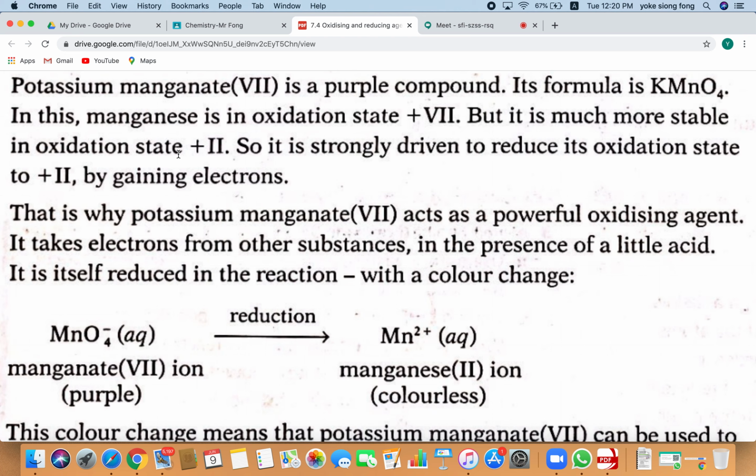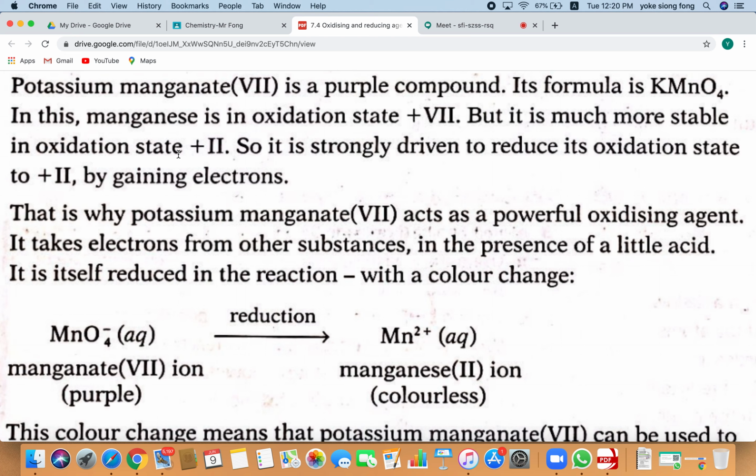If at first it starts at plus 7, the oxidation state is plus 7, but it can become plus 2. From positive 7 to positive 2, is it going down? When the value goes down, it means the value reduced. From plus 7 to plus 2, the value reduced, which means it undergoes reduction.